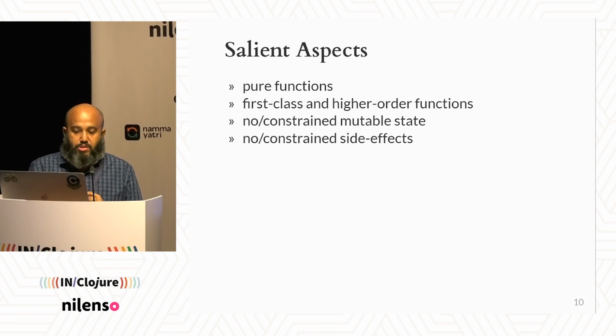And the last one, which is sort of optional but is generally present in all functional programming languages, is lazy evaluation in some form. Some languages have completely opted into lazy evaluation. Everything is lazy, like Haskell. And in Clojure, for example, you have lazy sequences, which are also used widely.